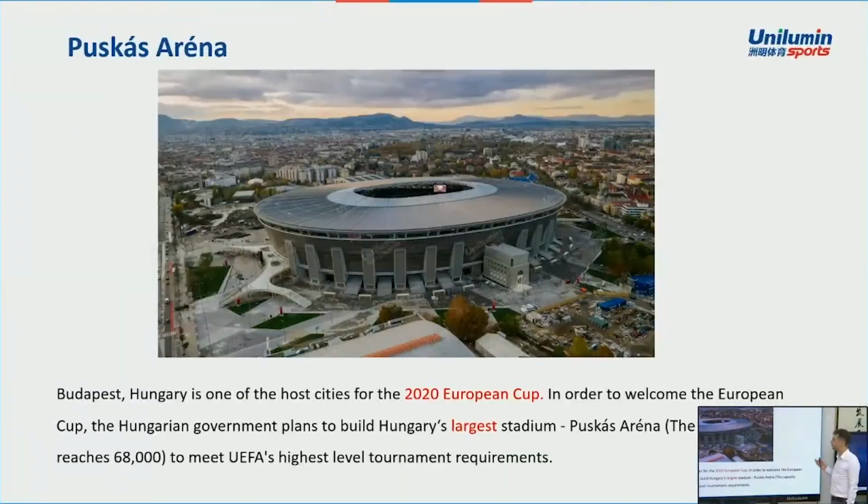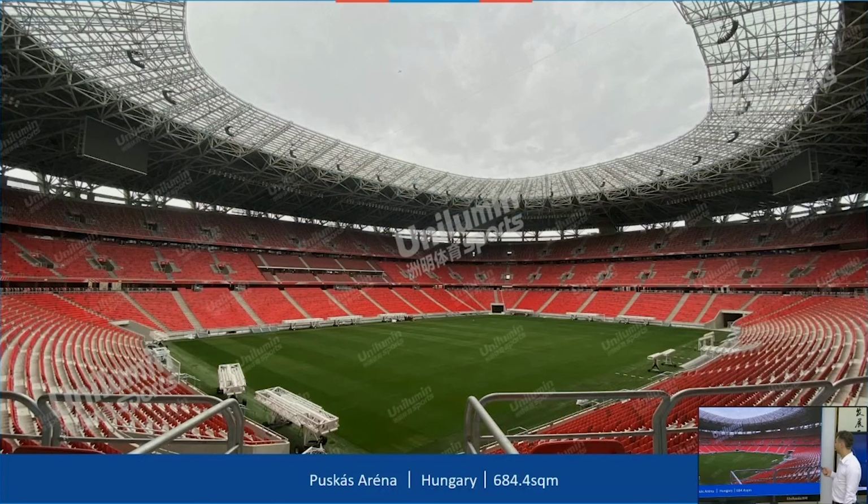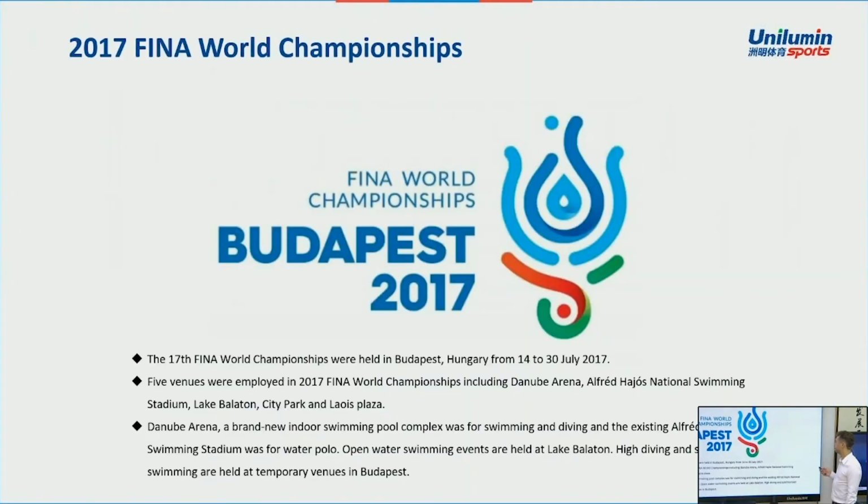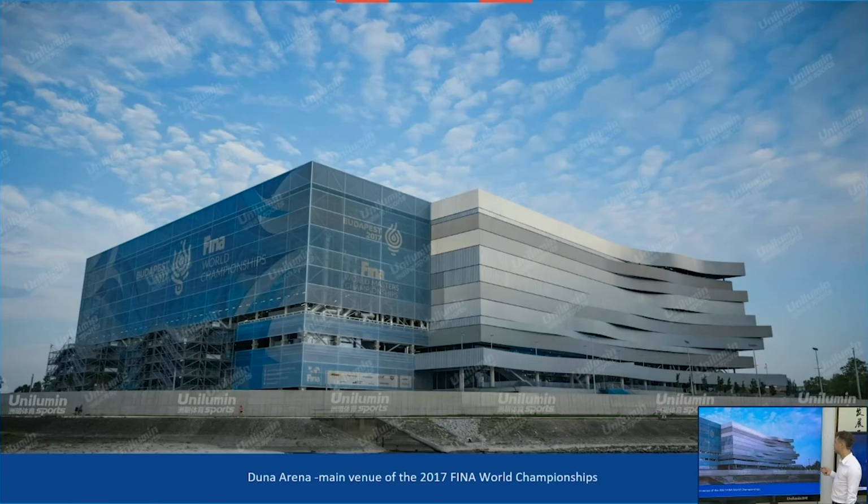Cube scoreboards there. This is one of our latest cases for 2020 Euro Cup, Puskás Arena. We provided all the screens here, scoreboards, perimeters. Let's now move to Hungary, also Budapest.